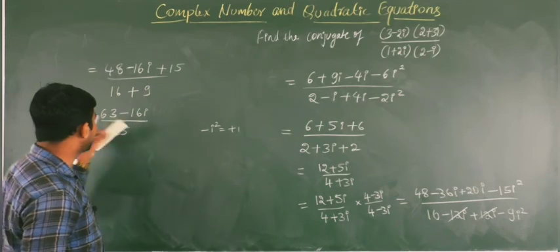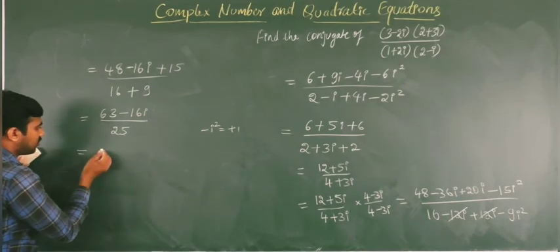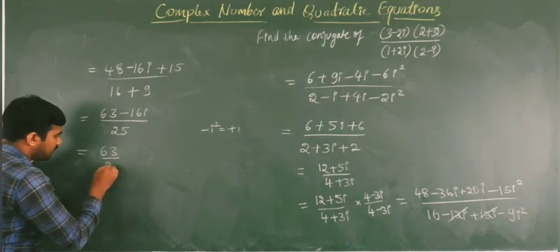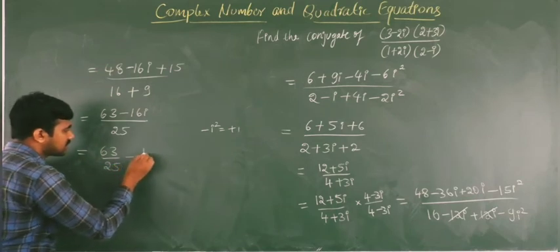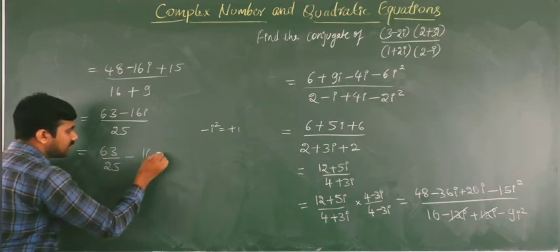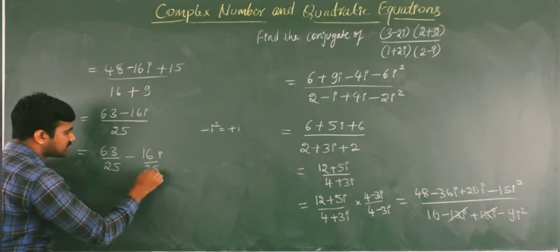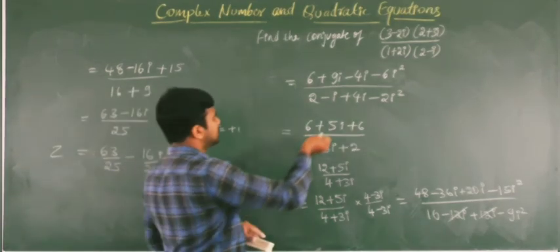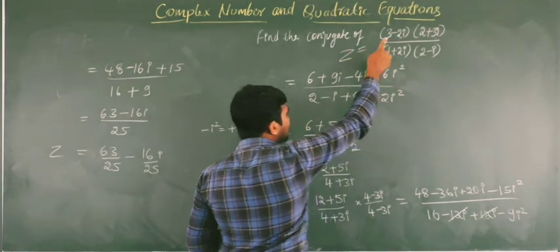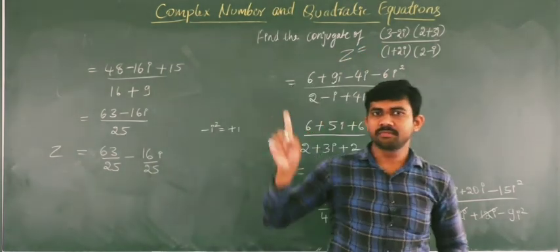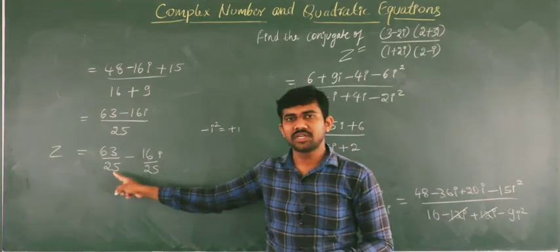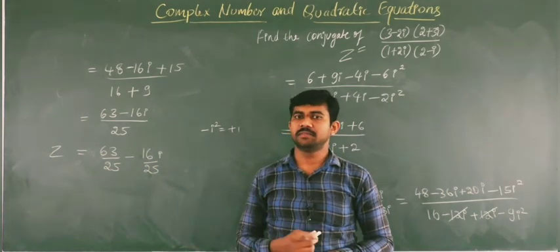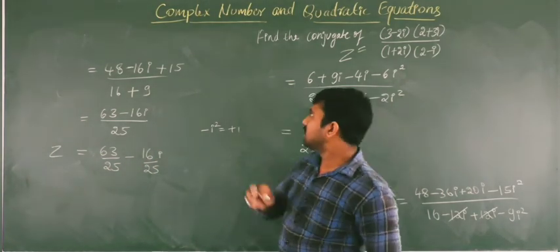Okay, 63 minus 16i divided by 25, or you can write 63 divided by 25 minus 16i divided by 25. This is the simplified form of the given complex number z. We simplified that complex number and we got it in the form of a plus ib. Very important question, will be asked for 3 marks.